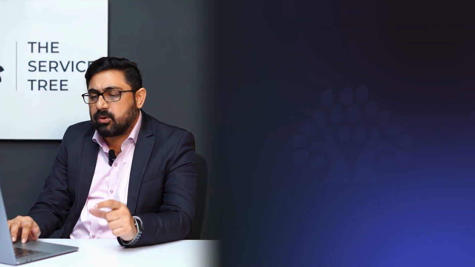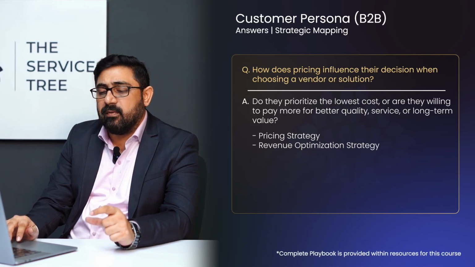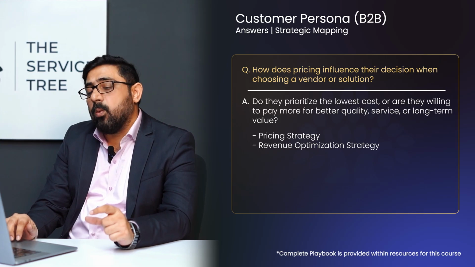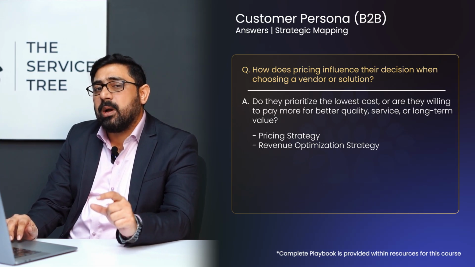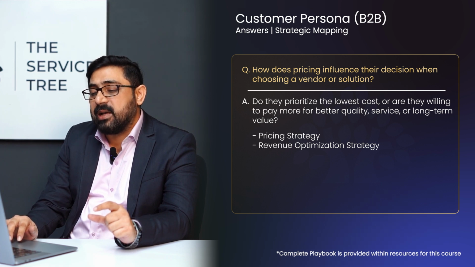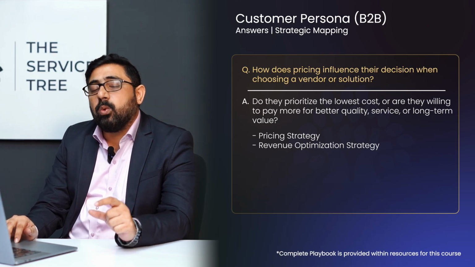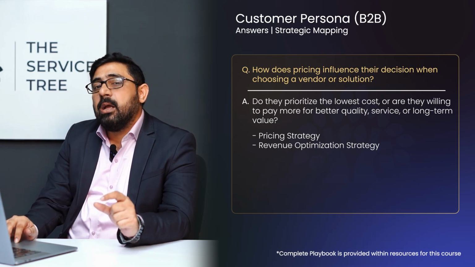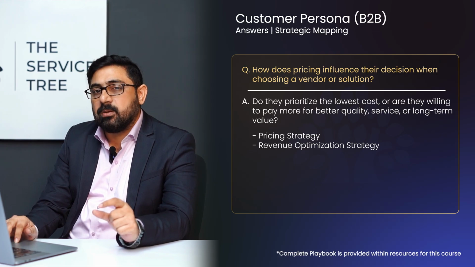Now let's jump to the competitive landscape, like A20. How does pricing influence their decision when choosing a vendor or solution? So how is this question's answer going to help you in defining your business strategy? Actually, that is helping you with your pricing strategy and revenue optimization strategy, in which you are not getting confused about how and what to price to your customer.